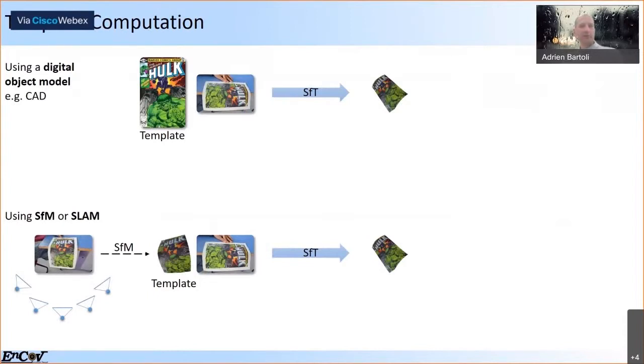For instance, if you have a CAD model and if you 3D print the object, then of course you have the object model from the start. But other possibilities could be to scan the object using structure from motion or structured light scanning if you just have access to the physical object, and then you can recover the template model to be used in SFT.